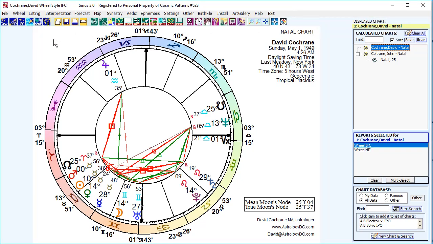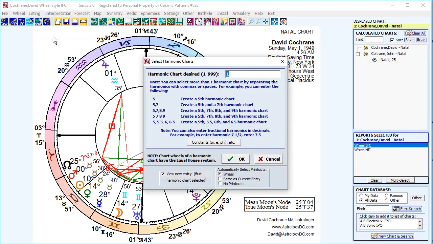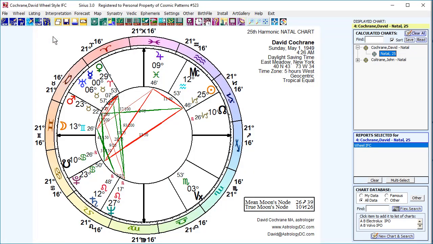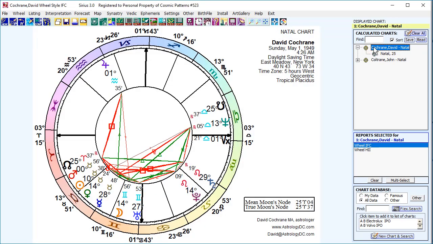Okay, so if I pull up my 25 vibration chart and we look at it, there's the Mercury, Venus, Uranus. A little hard to see, but it says here 1/25, 2/25, 3/25. So in the birth chart, that's the aspects that are happening. If we go back to the birth chart, the distance of Mercury and Venus is 1/25.